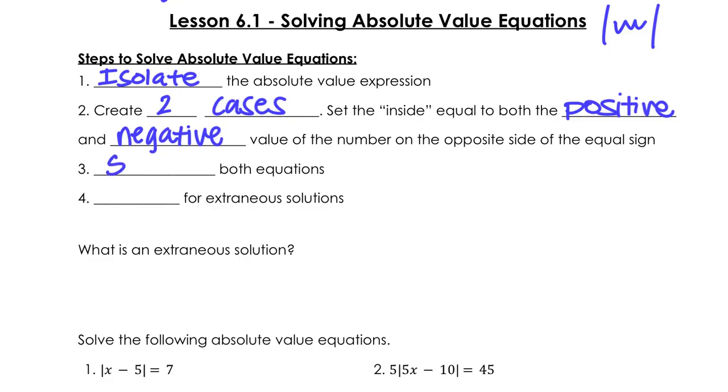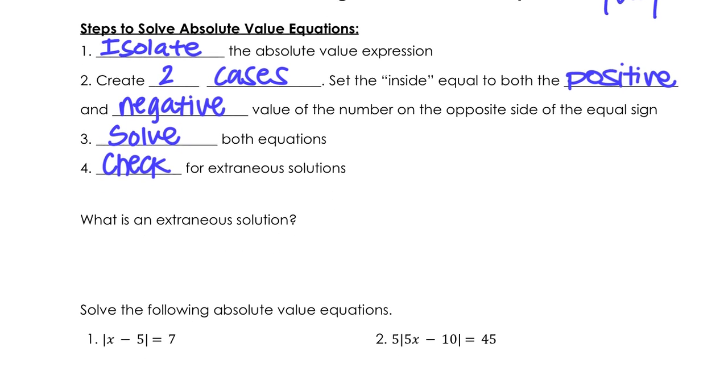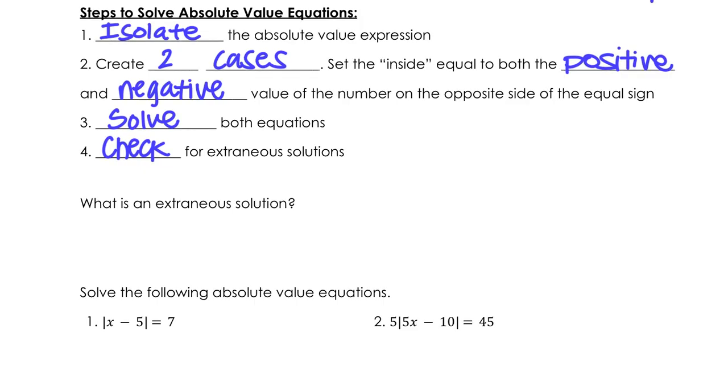Then we solve both equations, and we check for extraneous solutions. Does anyone remember what an extraneous solution is? What it means? Right, you get a solution that's correct, and then you plug it back into the equation and it doesn't work.